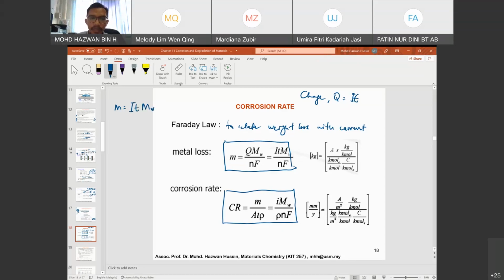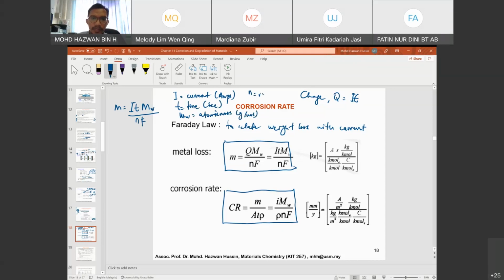MW is the atomic mass of the metal, n is the valency, and F is Faraday's constant. Let me write it here. I is the current in amperes. T is the time in seconds. MW or MA is the atomic mass in gram per mole.